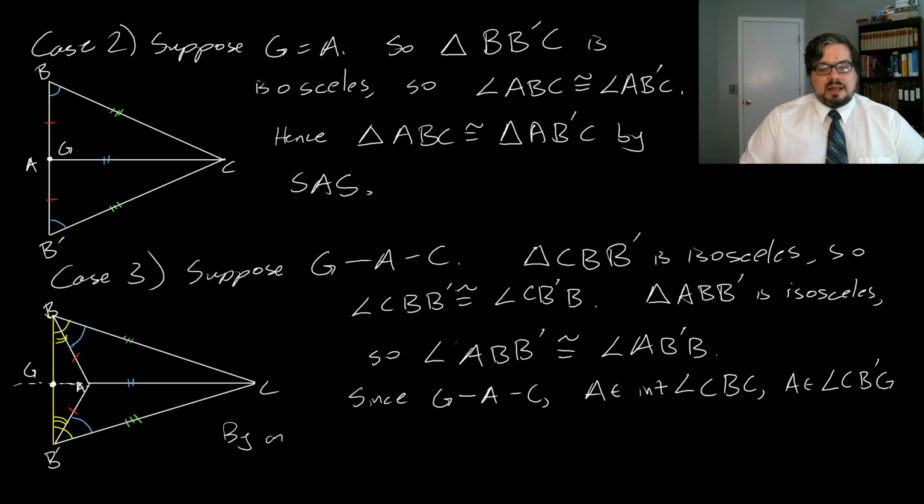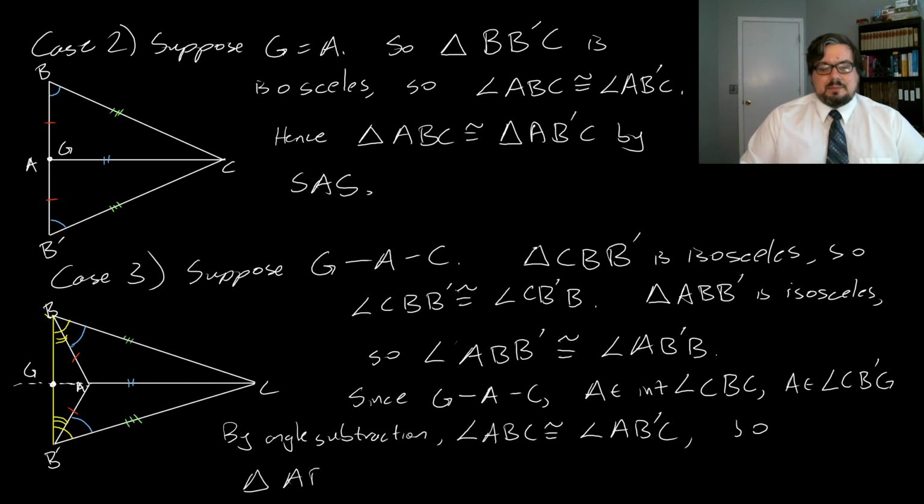So by angle subtraction, we have that angle ABC is congruent to angle AB'C. So that means that triangle ABC is congruent to triangle AB'C by side angle side.